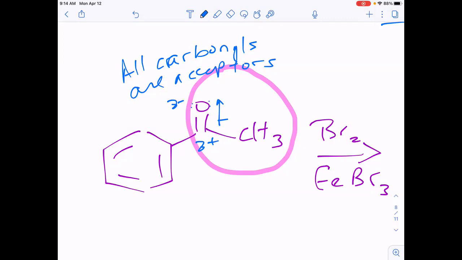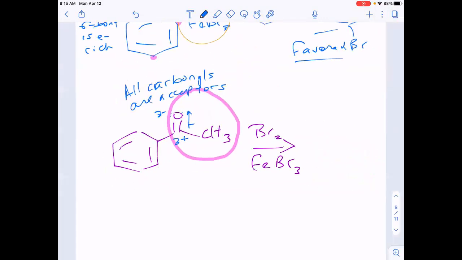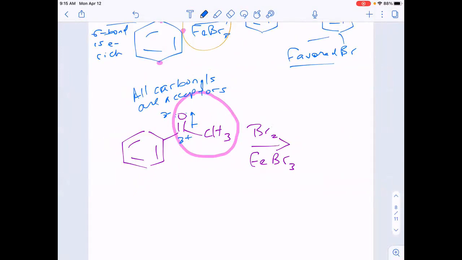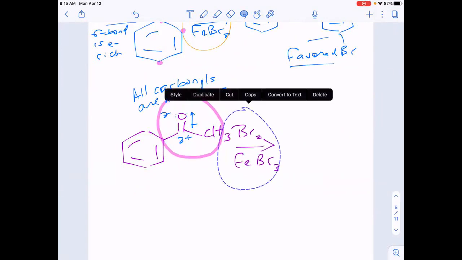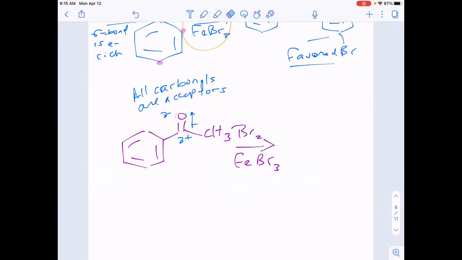That partially positive carbon can accept a pair of electrons because I can also draw a resonance form for that carbonyl, can't I? Where I take the pi bond and put those electrons onto oxygen. So if there's an acceptor on the ring, the acceptors are meta directors. So this is ortho, that's meta, and that's para.